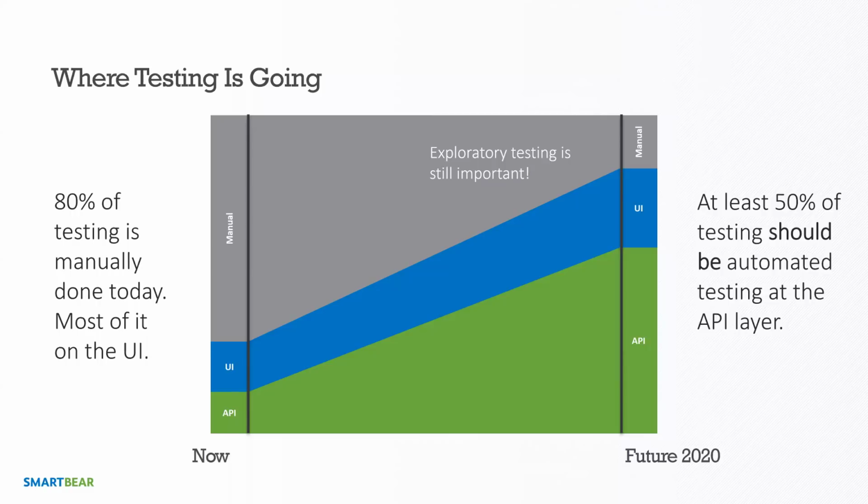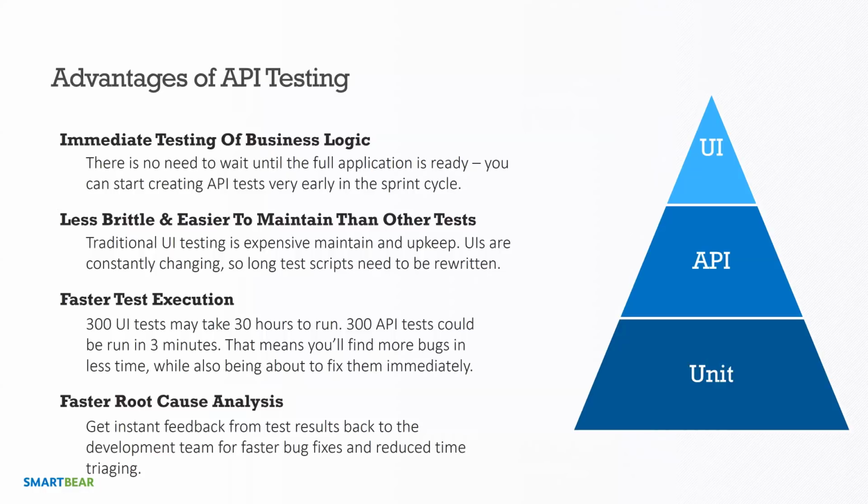So we're shifting towards more than 50% of our testing, hopefully by 2020, sorry, about that, should be automated and at the API layer. So just huge growth in the API side, and virtualization is a big help with that. And just some reasons why that's becoming so popular.